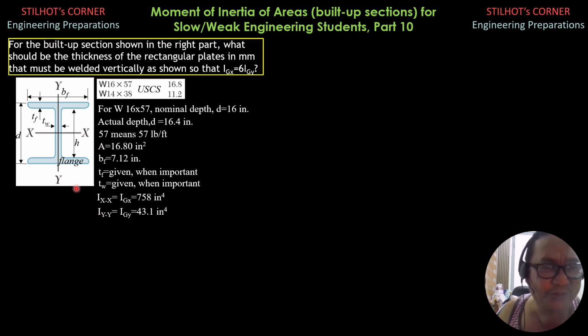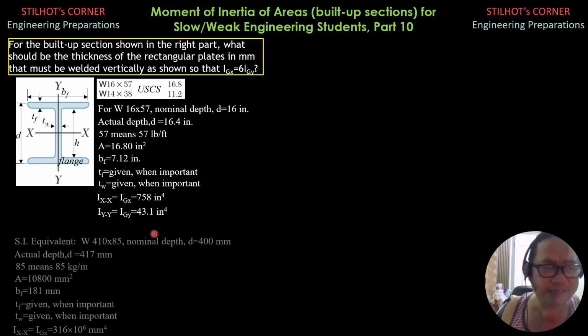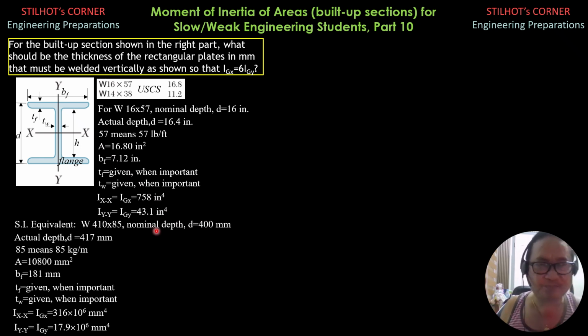So the centroidal moment of inertia with respect to XX, this is IGX, is 758 inches to the fourth, and IYY is IGY, 43.1 inches to the fourth. So let's convert this into SI units. By the way, this 57 pounds per foot can be computed if you know the density of steel, because this is steel.